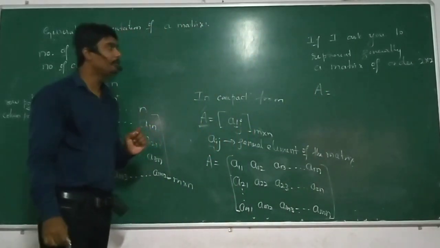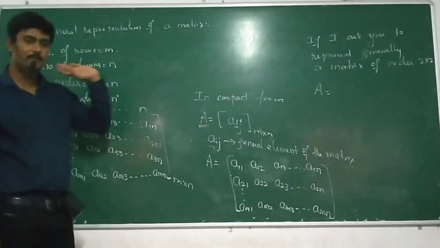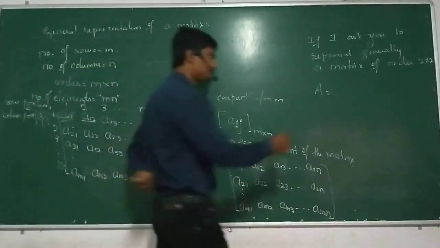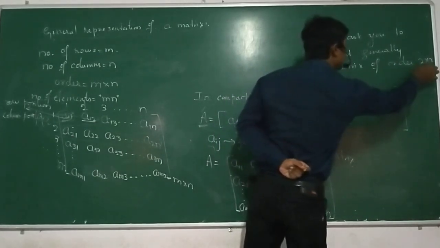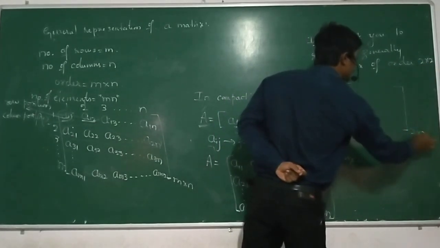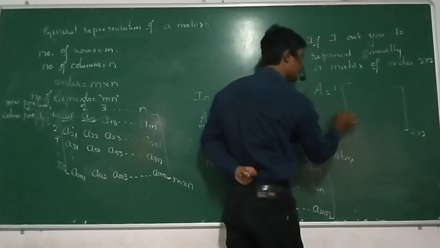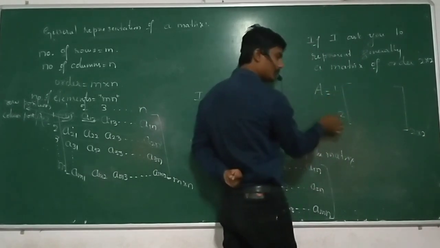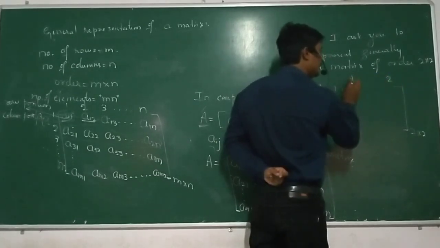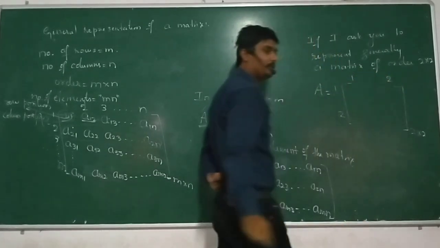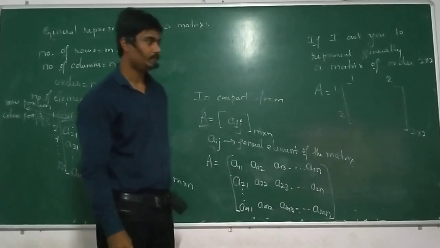Matrices are always denoted by capital letters, and I can use any capital letter. We are supposed to write down the matrix whose order is 2 cross 2. What does it mean? There are 2 rows in the matrix, row 1, row 2, and there are 2 columns, column number 1 and column number 2.